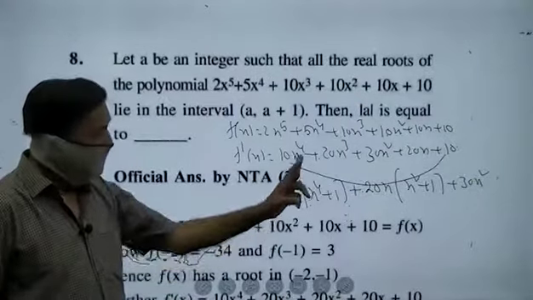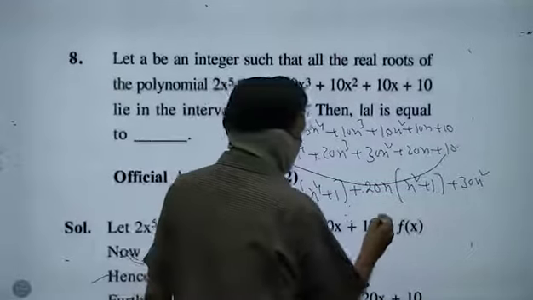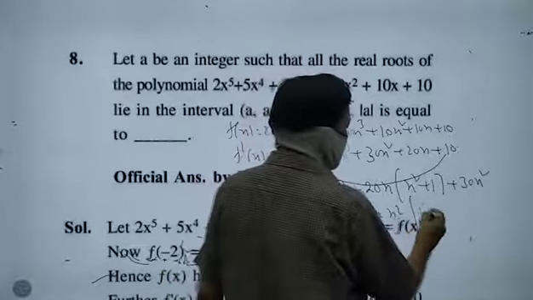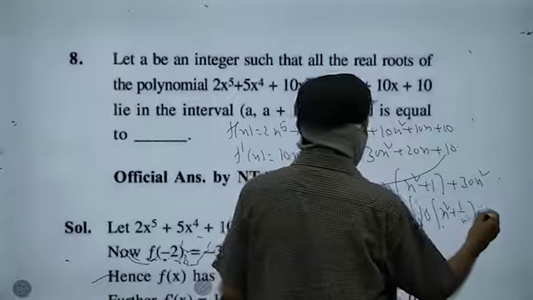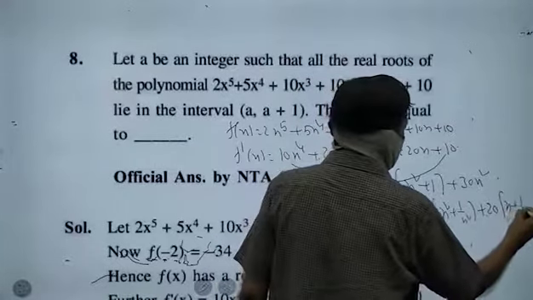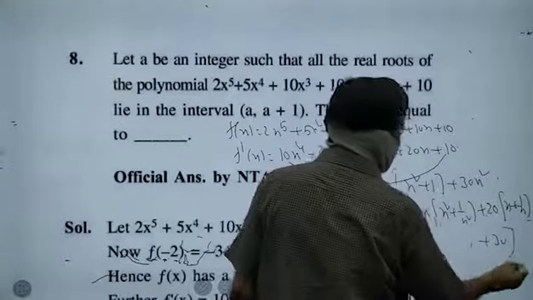You divide throughout by x^2 and multiply. You are going to get x^2 into [10 into (x^2 plus 1 by x^2), 20 into (x plus 1 by x), plus 30] like this.